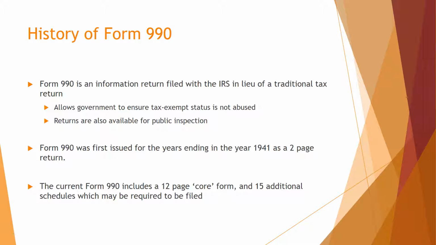There's a Form 990EZ, which is a smaller form, and then even smaller organizations are eligible to file a Form 990N, which is also called the 990 postcard, and that is a simple 8-item questionnaire which an organization completes and returns, but that's only available to the smallest of organizations.